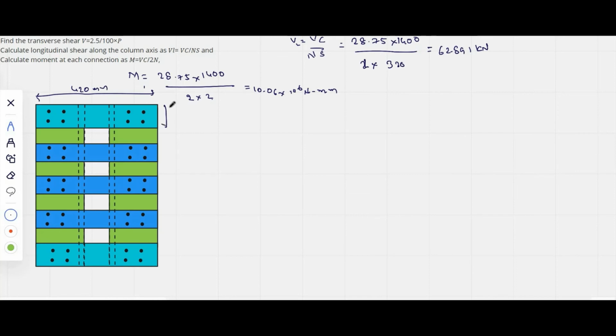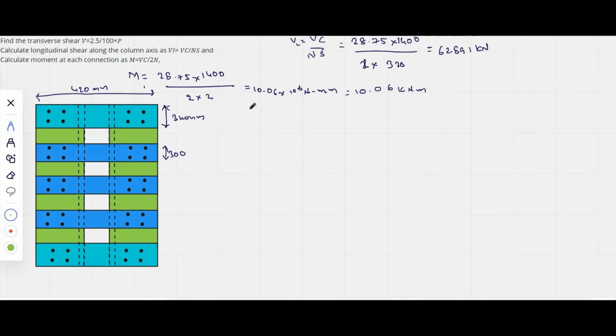The effective depth here was 300 mm and here it was 340 mm. These two battens should transfer a shear and moment of 62.89 kilonewton shear and 10.06 kilonewton meter of moment. So let us see how my batten will transfer.